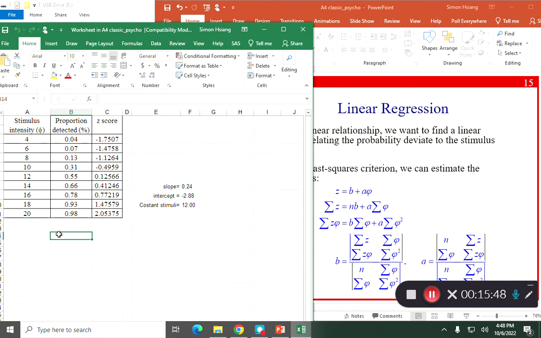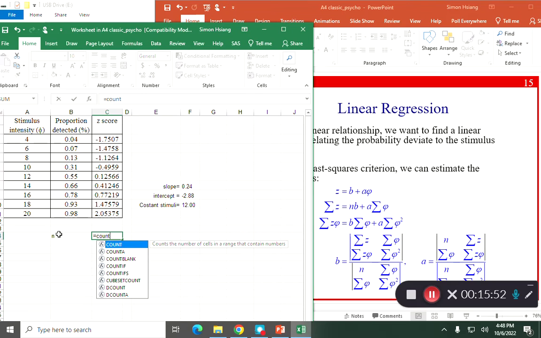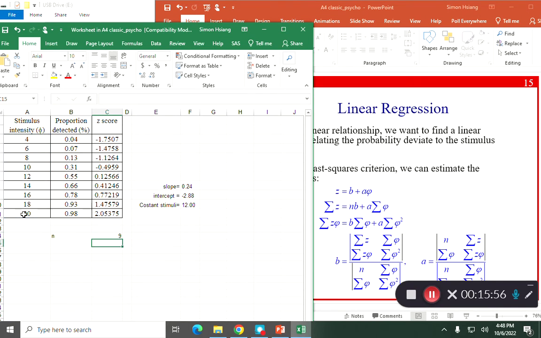First, I need to know n. n equals count. How many do I have? 9. And then I need summation phi. So summation phi, symbol.